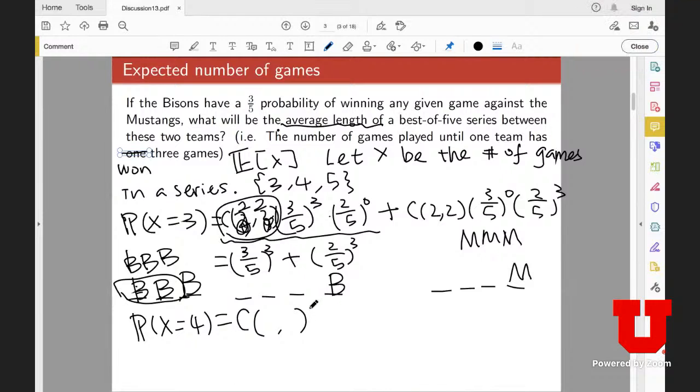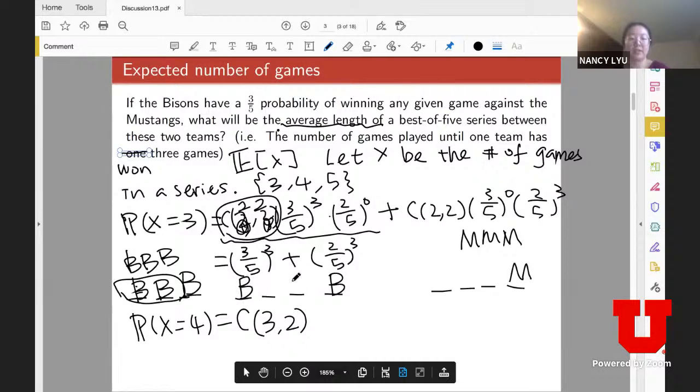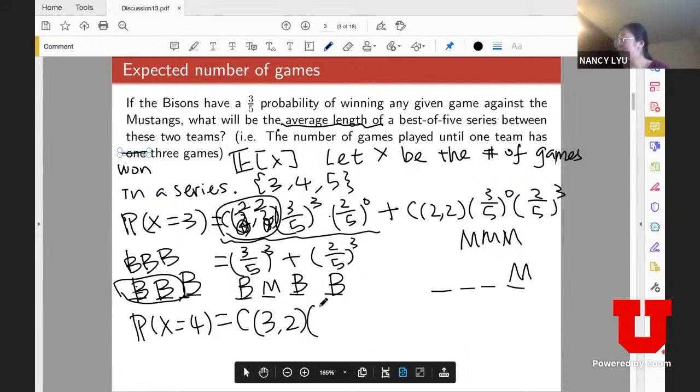Three choose 2. Yep, 3 choose 2, because you have 3 spots, and you want to make sure 2 are occupied, and which gives that still 3/5 cubed.